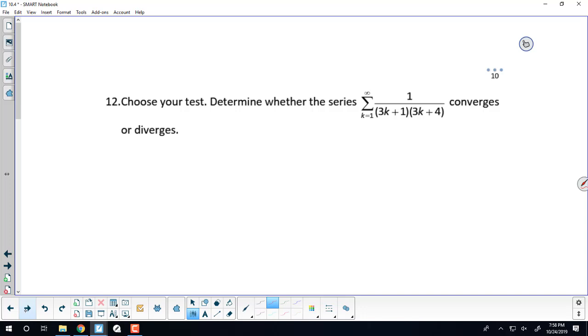Yeah, partial fractions. So partial fractions here in the hopes that A is some number and B is the negative of that number. Or if they're different, that's fine too, but the only way telescoping happens is if you have positive and something that's negative, where you get that cancellation.